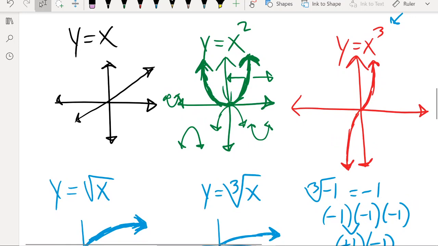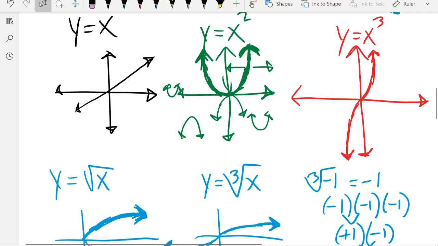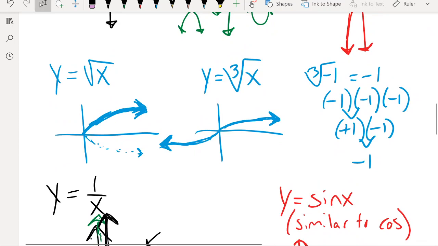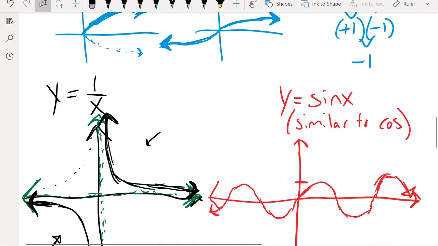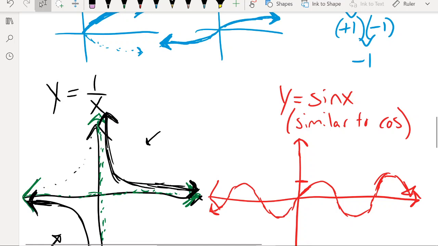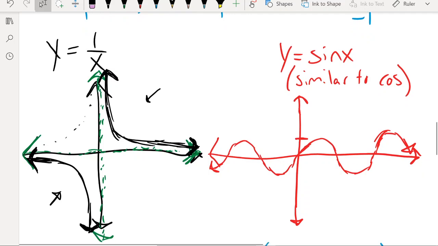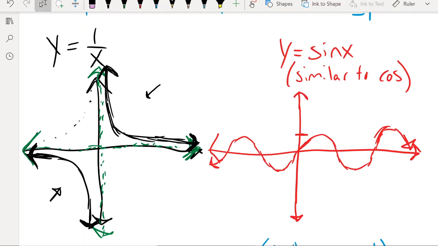But anyways, you have y equals x squared, y equals x cubed, right? The big three. Then you've got some root graphs, y equals square root of x and y equals cube root of x here. And then y equals 1 over x, very important, your rational function parent function, right? So basically all rational functions come from that.